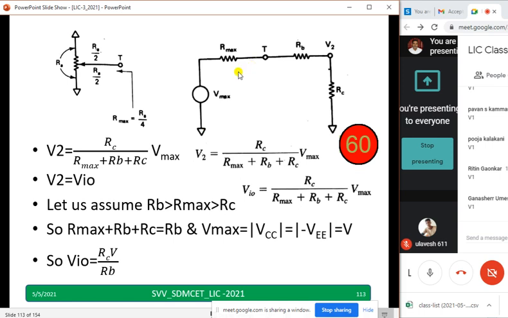Now this is the circuit. I'll get R max, T as it is, remaining RB and RC I'm writing as it is. So this is V2 equal to, an equation all of you know how I can write. V2 equal to RC divided by the whole resistance, that we have written. Copy down, this itself is a VIO I am giving to the op amp so that I can make output equal to 0.